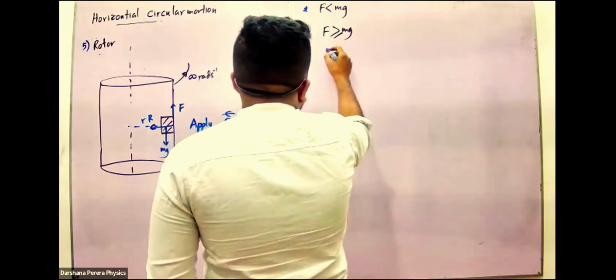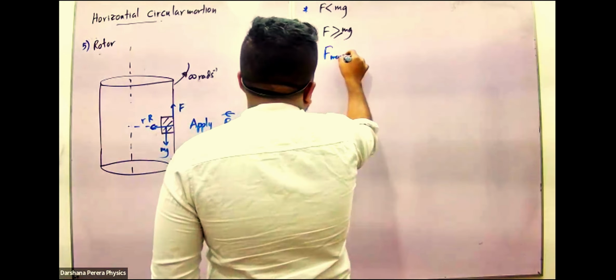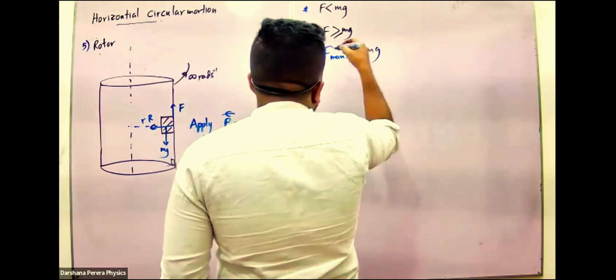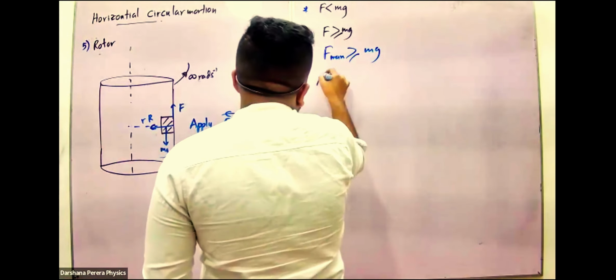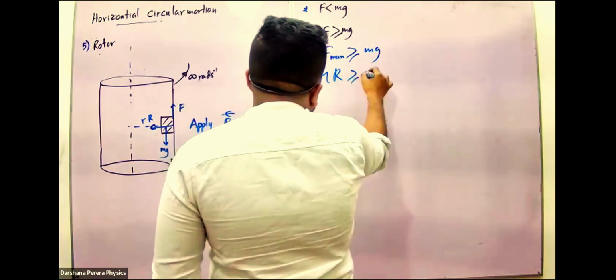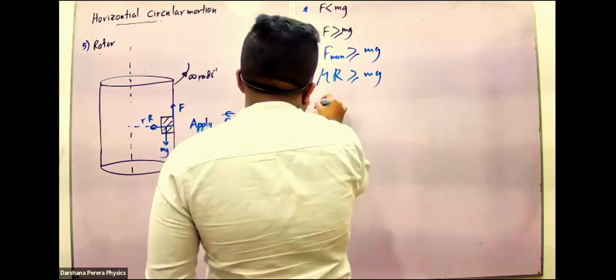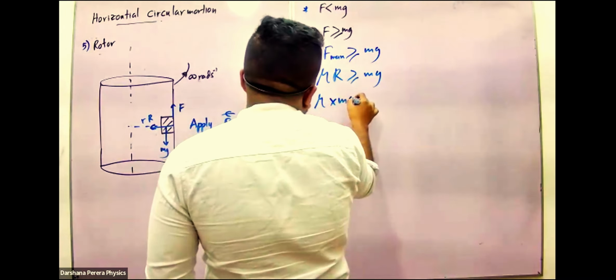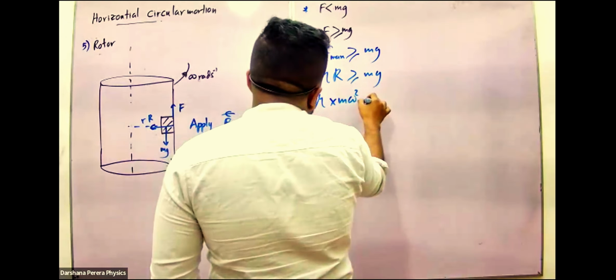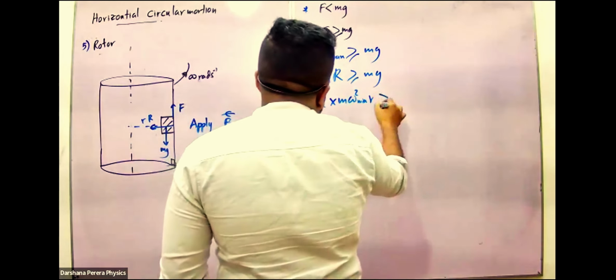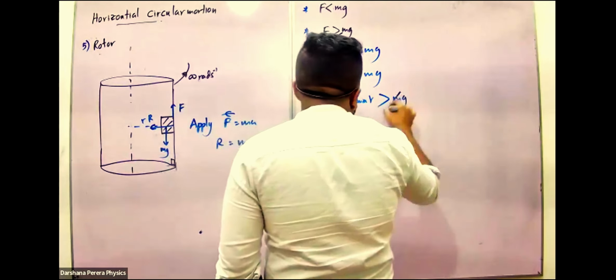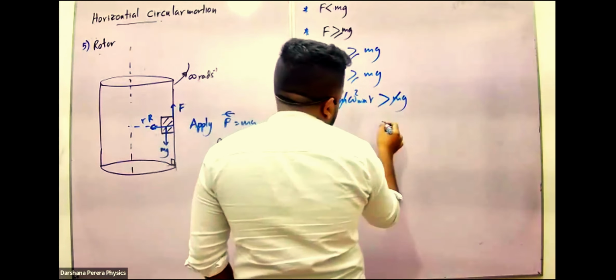Therefore, F max is greater than or equal to mg, F max equals mu R. That means mu R equals m omega square r, greater than or equal to mg.